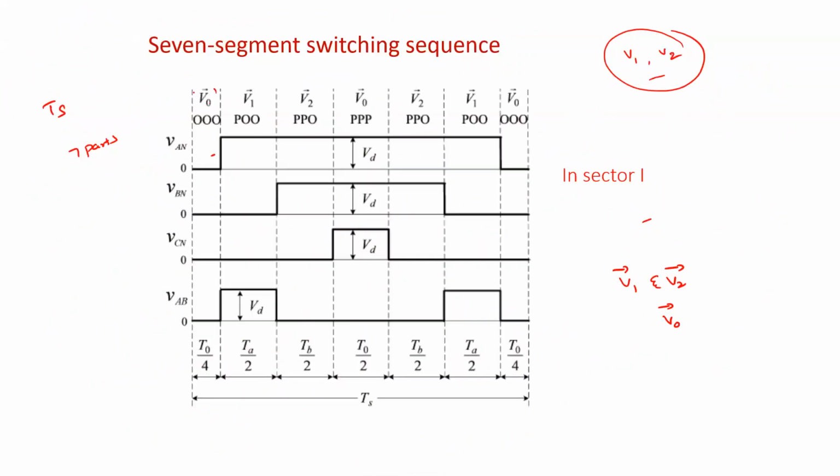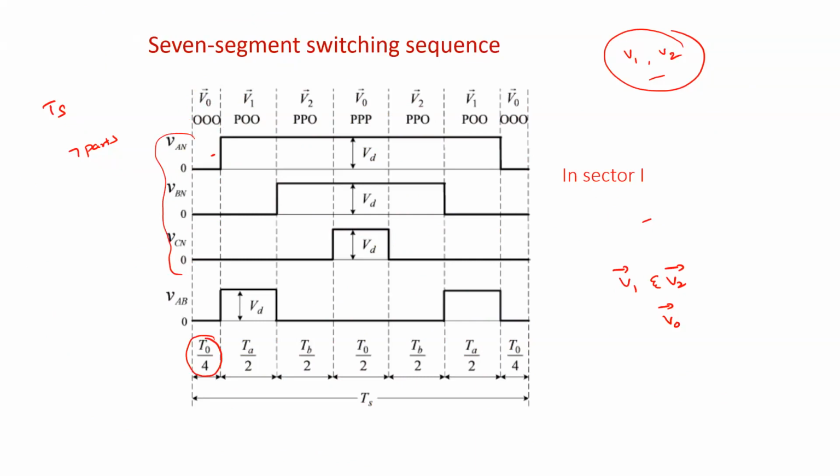It started with V0 vector. Okay. So we started with V0 vector, that is on for T0/4 period of time. Our ultimate objective is to obtain this kind of phase voltages.